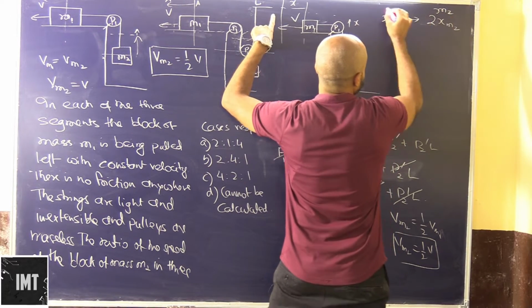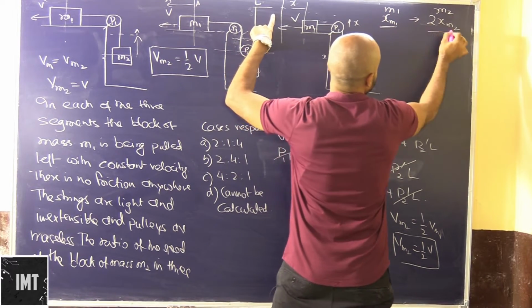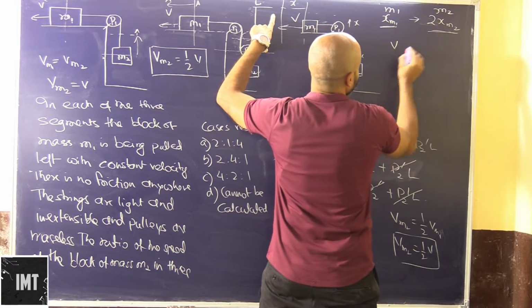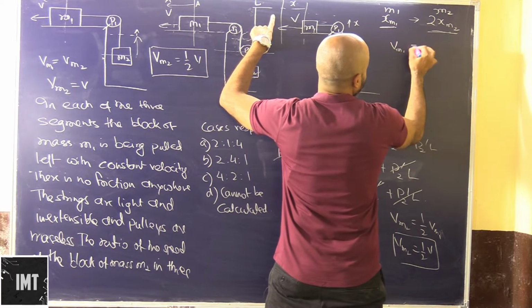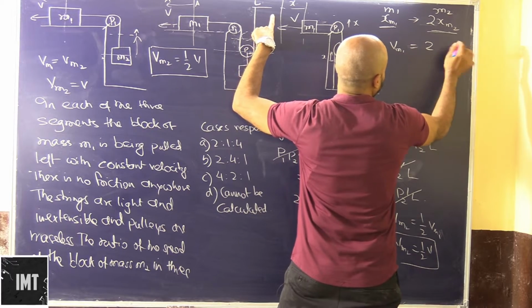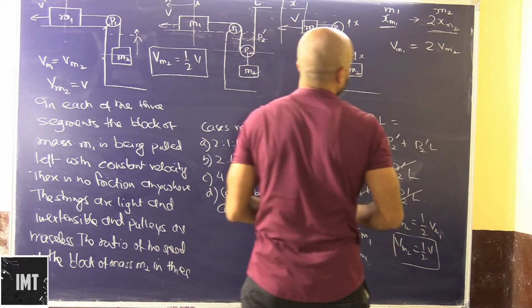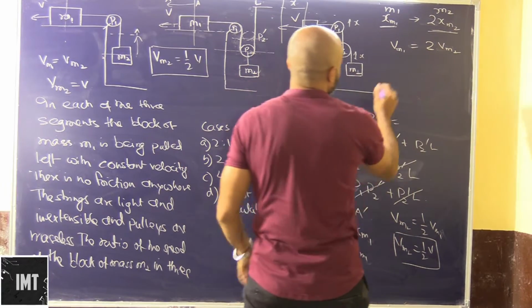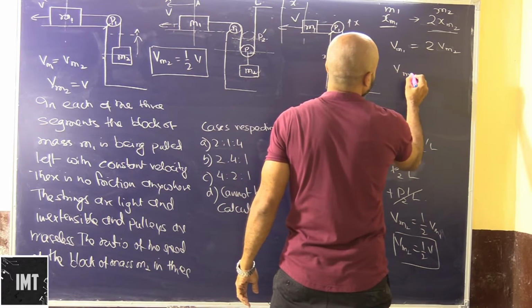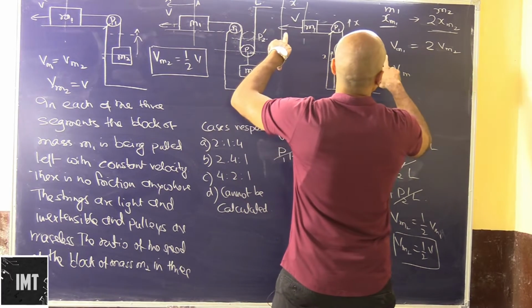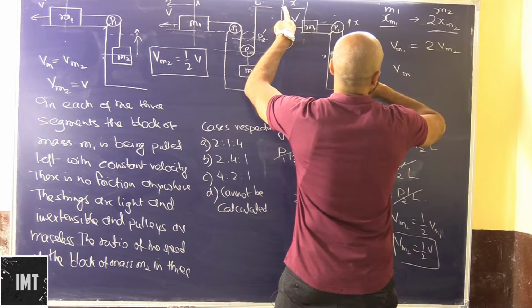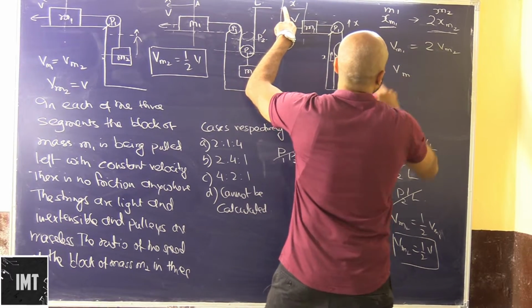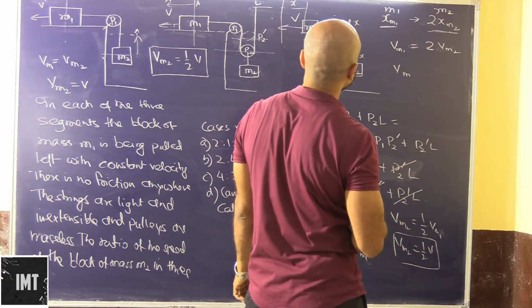So if we differentiate the displacements once, the velocity of m1 will be equal to twice the velocity of m2. We are making a mistake here.